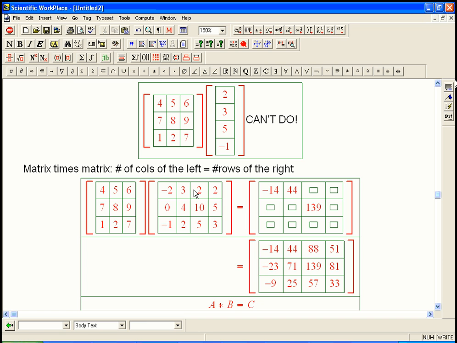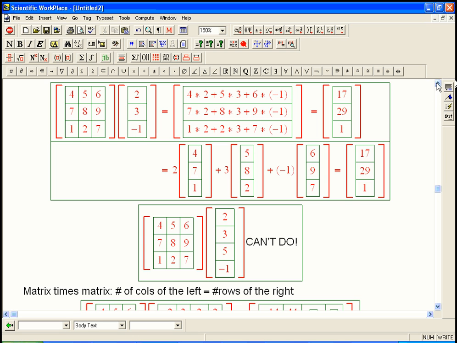These numbers do not come into that process, because all these guys, the first column, it says match whatever you have here with the first column of this guy. It never mentions these guys. The second column here is produced by taking matrix times vector, just this whole matrix times this column vector, and so on. This vector is produced by this matrix times this column vector. This vector is produced by this matrix times this column vector. And then you can use either definition of matrix times vector that you like.